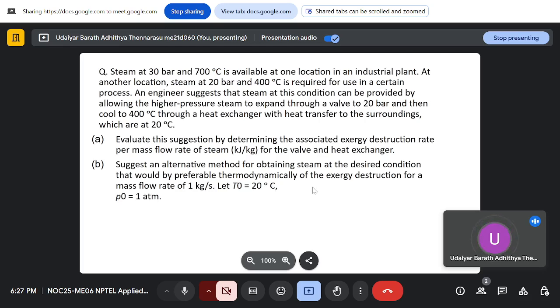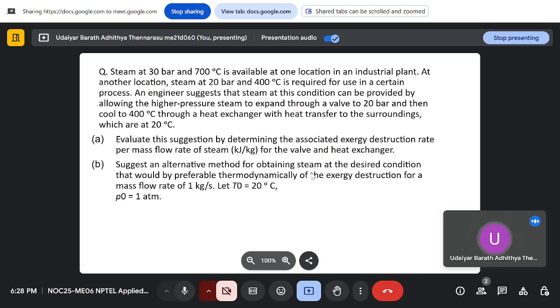So moving on to next question. We have steam at 30 bar and 700 degrees Celsius, which is available at one location in an industrial plant. At another location, steam at 20 bar and 400 degrees Celsius is required for use in a certain process.